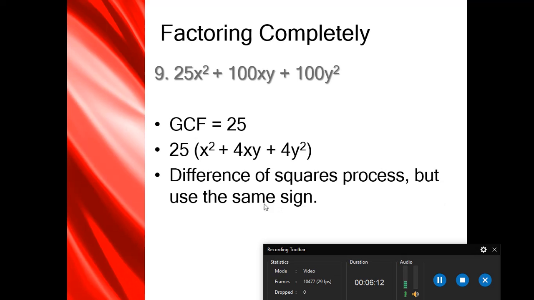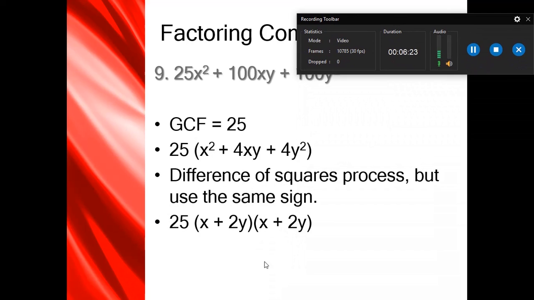So we are using a difference of squares process, but it is the same sign. And I'm going to still include my GCF of 25. Because both of these factors are identical, if you'd like to, you could simplify it a little bit and write that quantity as x plus 2y squared. But it's not required and it's not necessary. You can leave them separated.